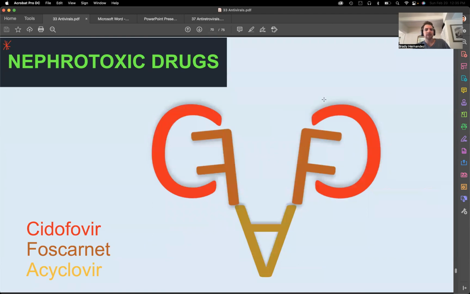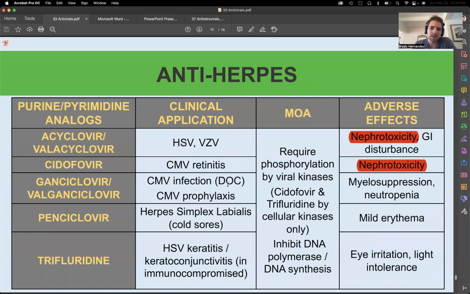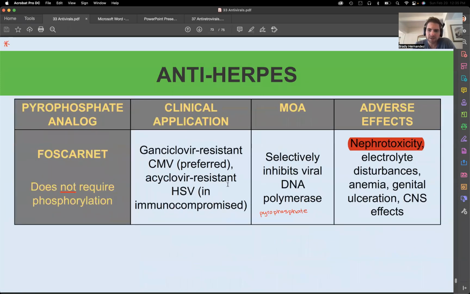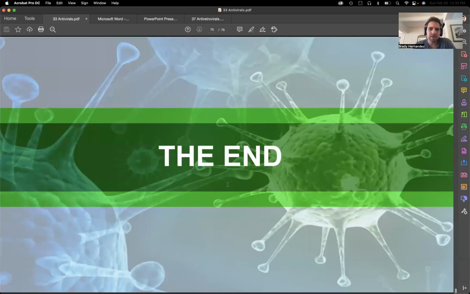This is a great little way of remembering it: kidneys, nephrotoxic, acyclovir, foscarnet. Remember, foscarnet doesn't need to be phosphorylated to be activated, and cidofovir is specifically for that CMV retinitis. And if you're into tables, maybe just go through this and look at it.